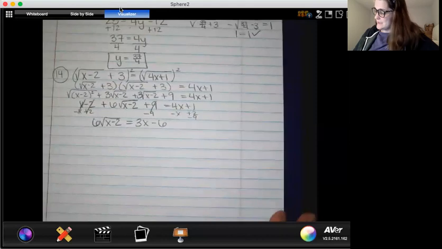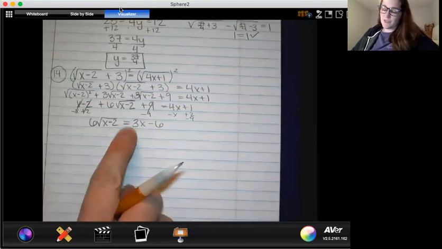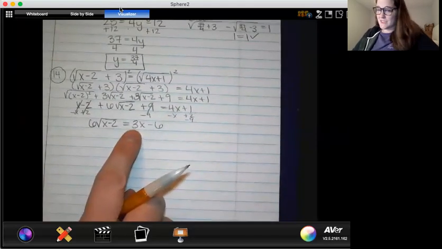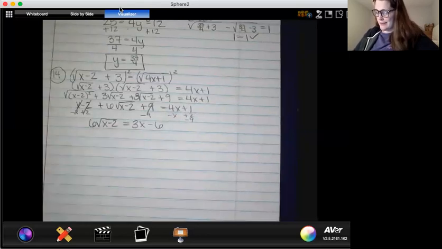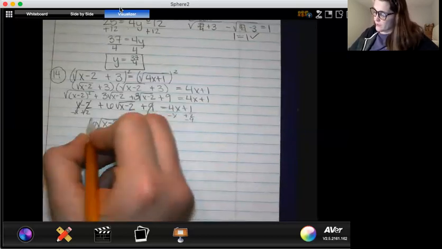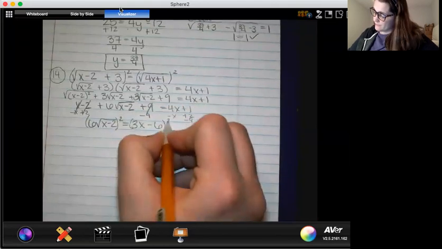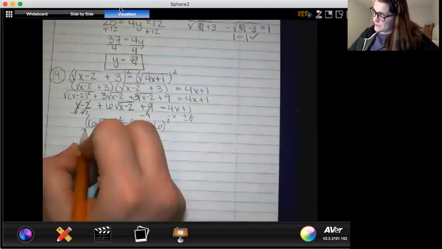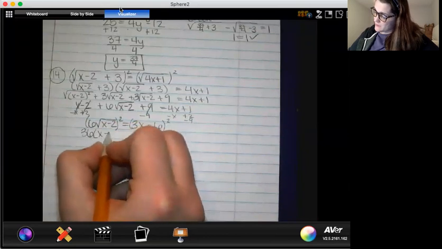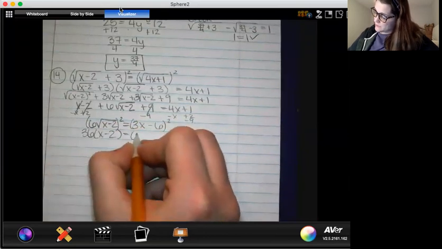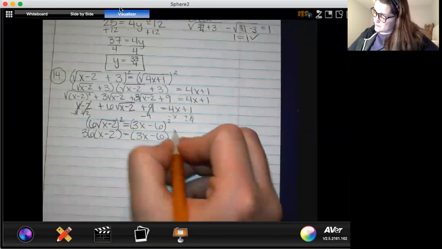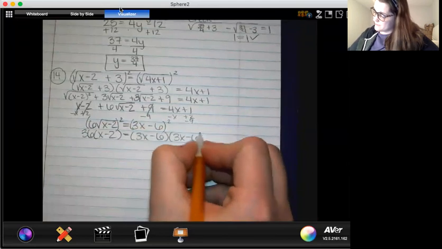Now, 6 can divide by this 6, but it wouldn't divide by the 3 nicely. We would have to have a fraction, and let's not really worry about that. So we're going to go ahead and do our second step of squaring. So 36 times x minus 2 equals 3x minus 6 times 3x minus 6.